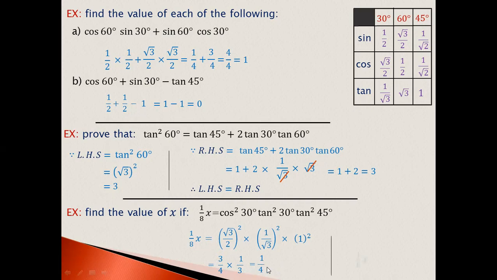That means 1 over 8x equals 1 over 4. We can multiply each side of the equation by 8. That means 8 can cancel this 8, so x is going to be 2, because quarter times 8 equals 2.